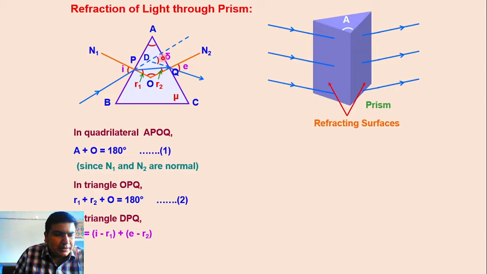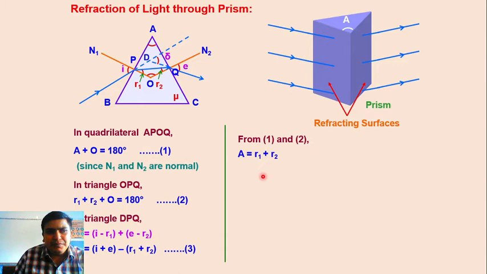Now you can see that in equation 1, A plus O equals 180 degrees, and in equation 2, r1 plus r2 plus O equals 180 degrees. So from equations 1 and 2, angle A equals r1 plus r2. For the minimum angle of deviation, angle r1 equals angle r2, which is only possible when ray PQ is parallel to BC.